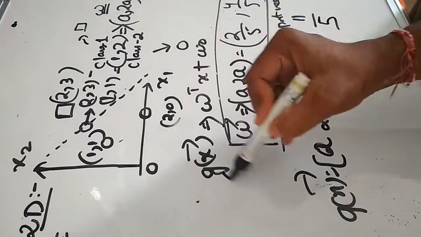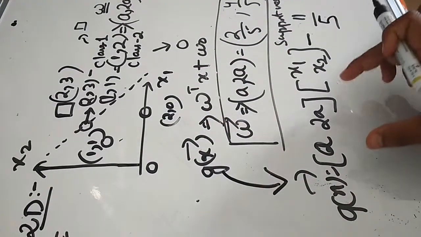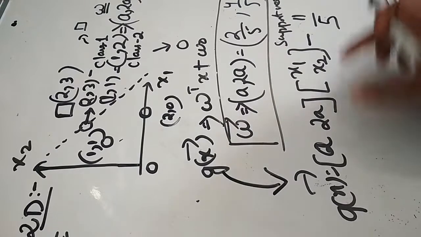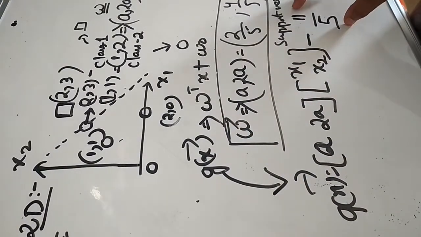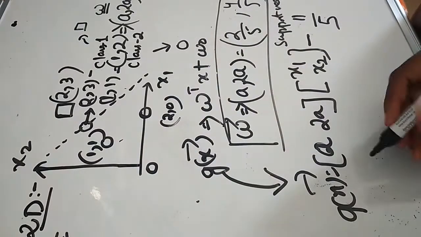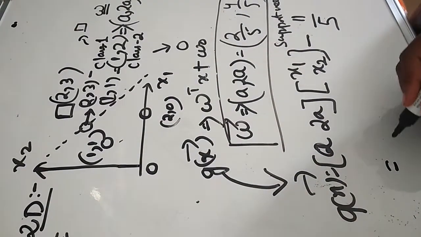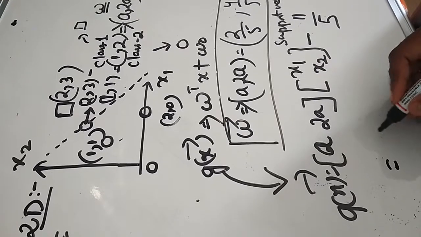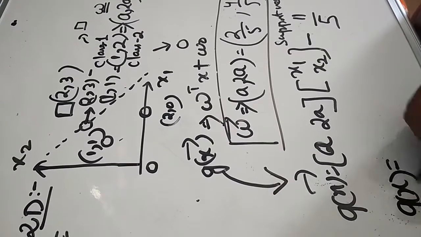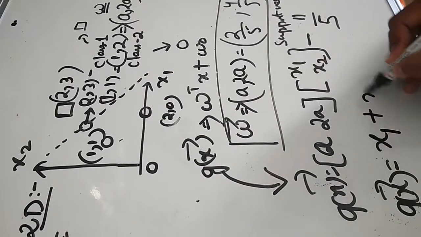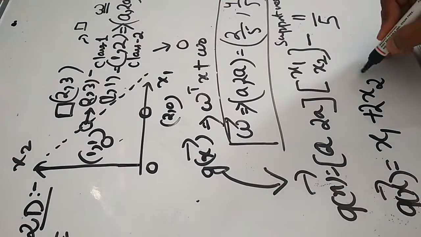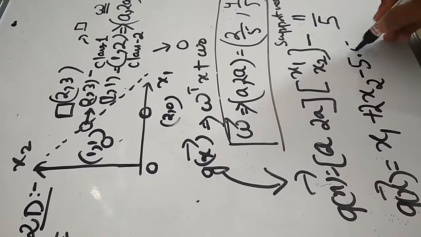Okay, so this equation we are putting. This value we have already found, and this value x1 x2 we don't know, and minus 11 by 5 we found as the value of w0. So finally you will get the equation gx is equal to x1 plus 2x2 minus 5.5.